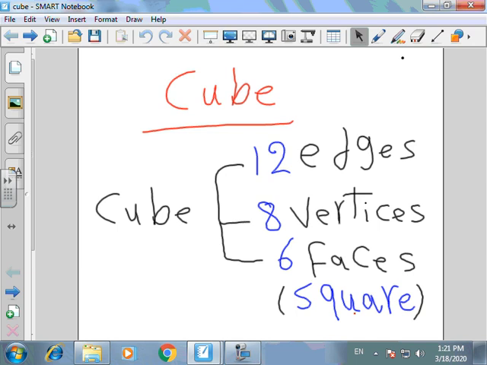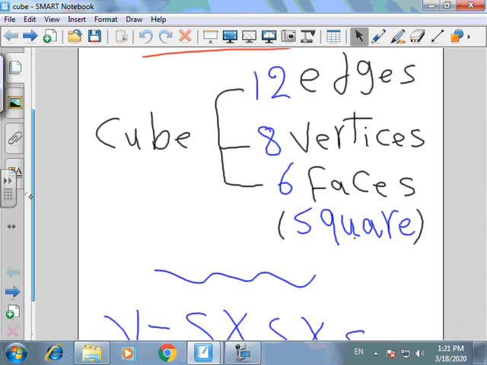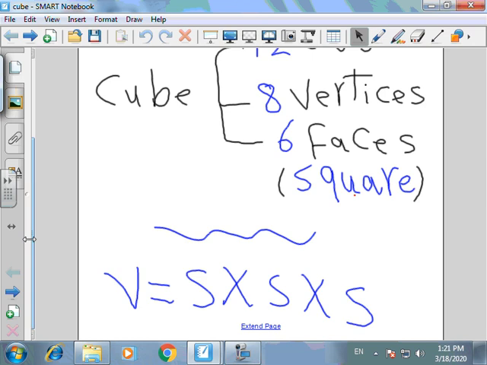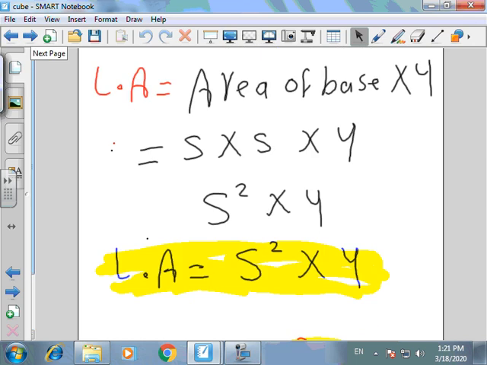I think you remember this. And how can we get the volume of the cube? Side times side times side, or edge times edge times edge. Very well. Today we're going to see how we can get the lateral surface area of the cube.